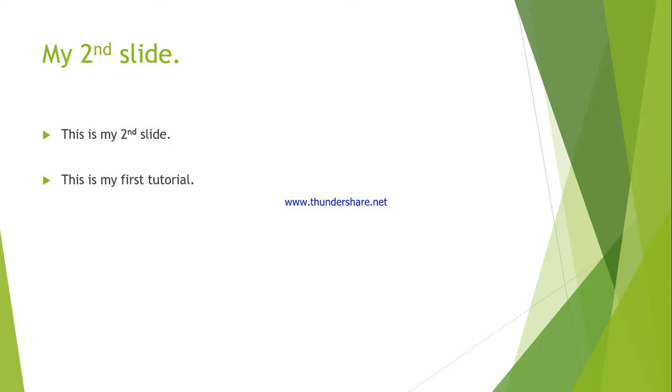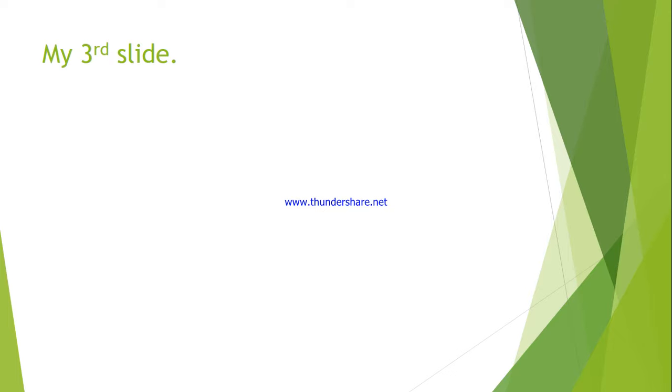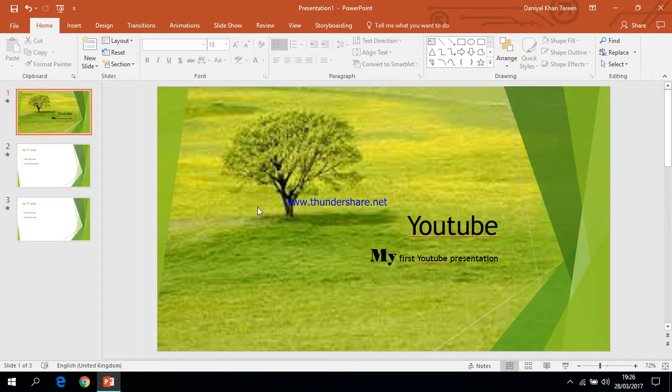Now here I just added the animation to my text first and then to the title, so that's why it came up later and the text below came up earlier. Now it floats out like this. Yeah, like this, and this is the end, so it would just end like this.